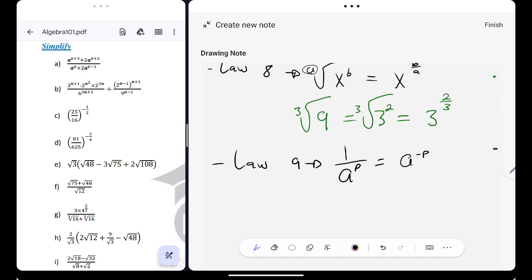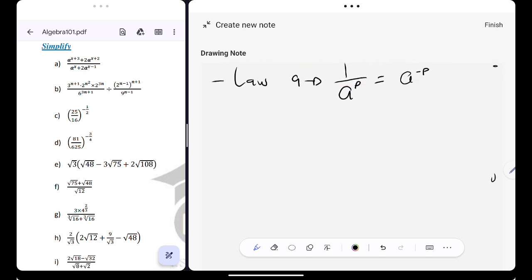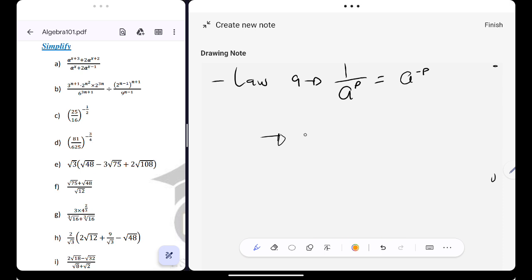The only thing I have to do is to change the sign of its exponent. All together. For example, if I have 1 over x squared, you'll deal with this a lot whenever you do calculus. I want to take this x squared and put it at the top. What must I do? I must just change the sign of its exponent.